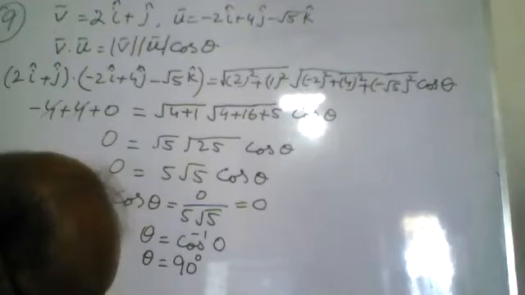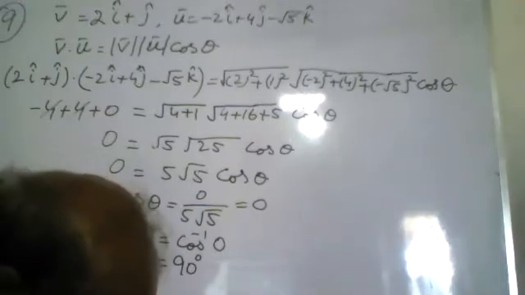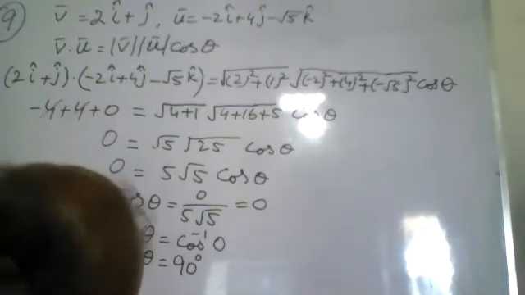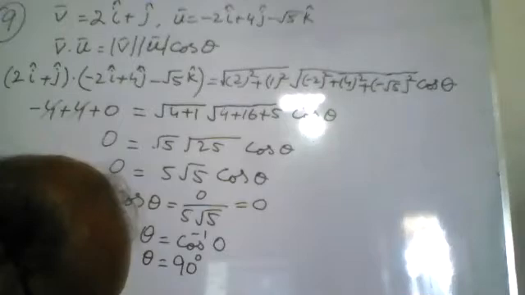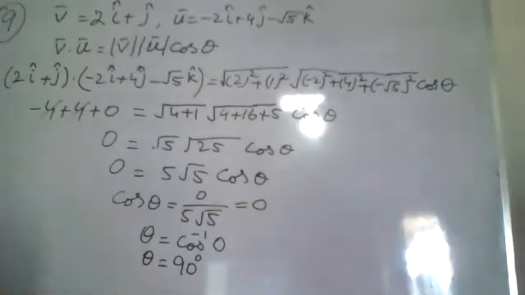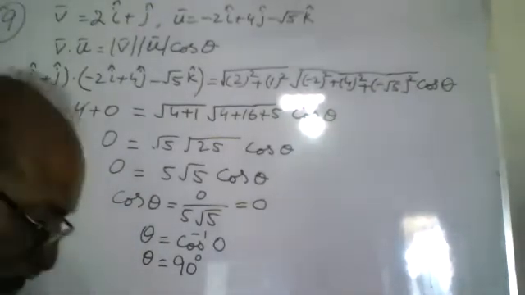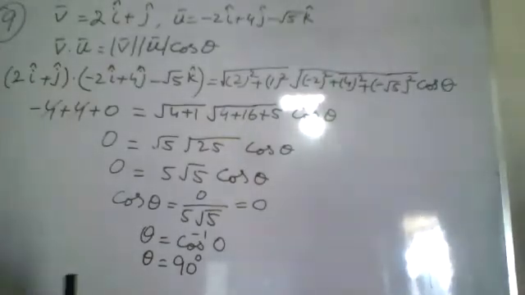Find the measure of the angles of the triangle whose vertices are A, B, C. The vertices of the triangles are given. You have to find the angles of the triangle. Have you understood this question? Yes, sir.